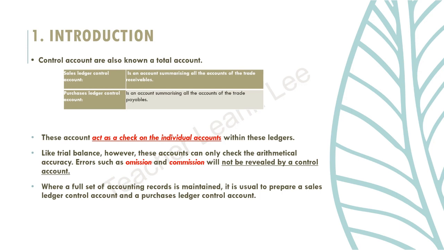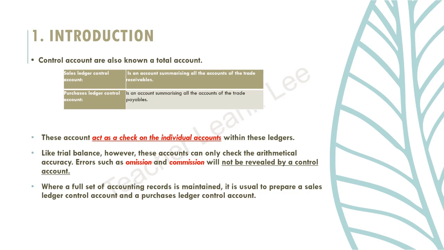I call it PLC. The sales ledger control account is an account that summarizes all of my trade receivables. For example, if there is a sales return, then I will minus it. It is almost the same as my trade receivable account entry, just that I put the totals instead of every single TR.